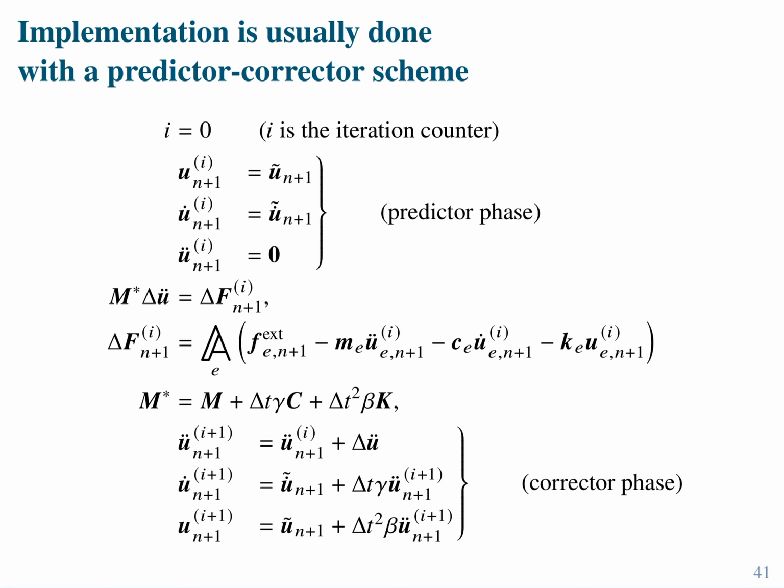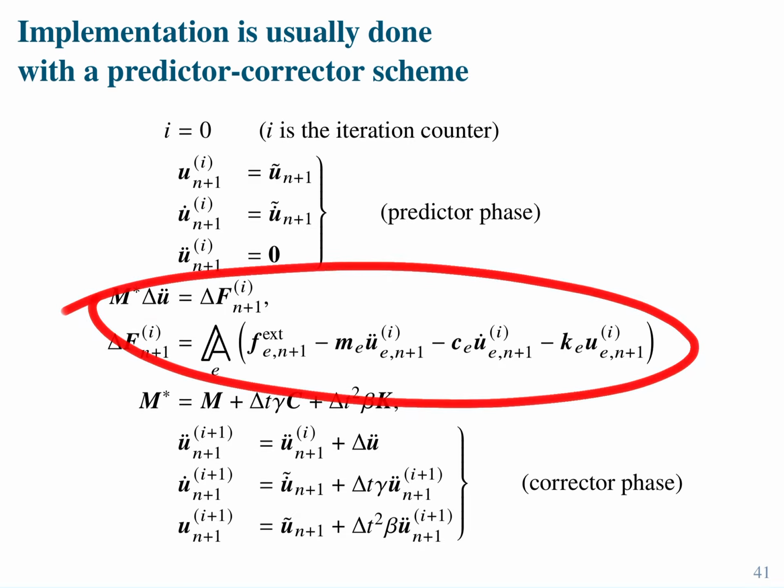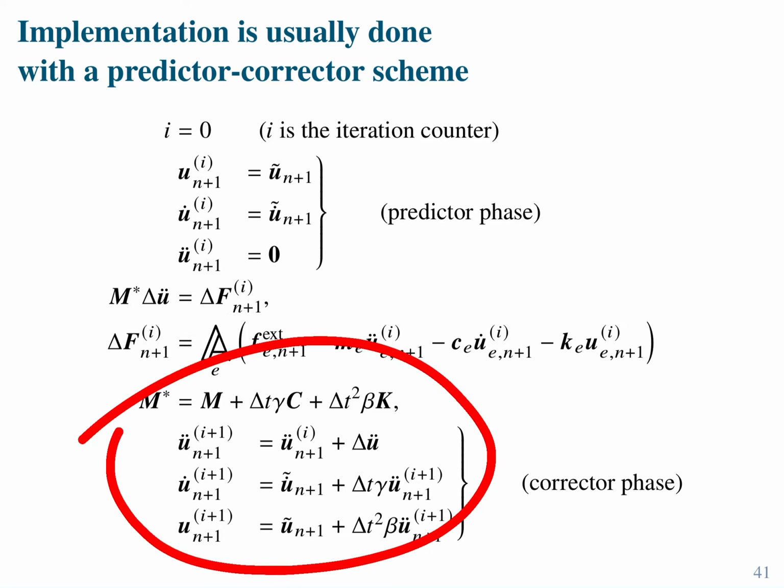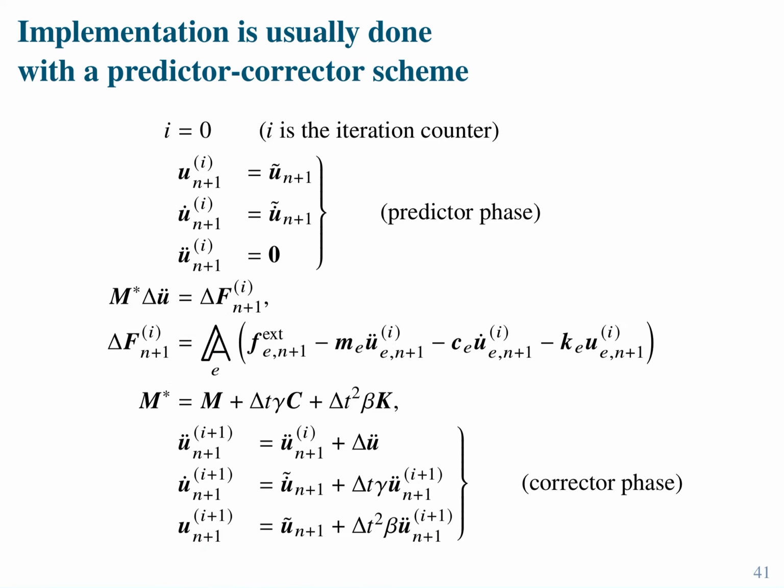You have a predictor phase where you predict the displacement and velocity at the end of the interval, and you completely neglect the effect of the acceleration at that stage in the computation. After you obtain the acceleration, you then correct those predictions in order to get the actual values at the end.